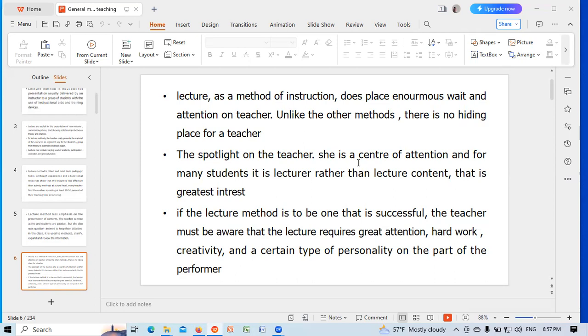It is the lecturer rather than the lecture content that is of greatest interest. If the lecture method is to be successful, the teacher must be aware that a lecture requires great attention, hard work, creativity, and a certain type of personality on the part of the performer.